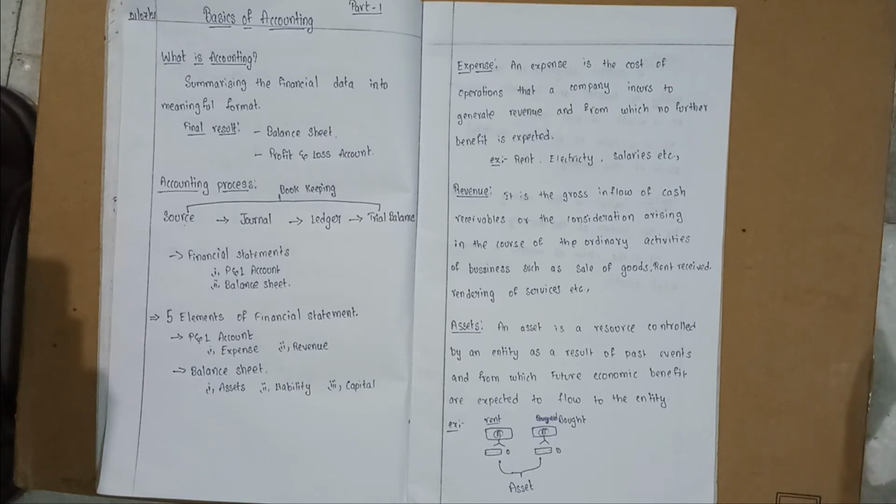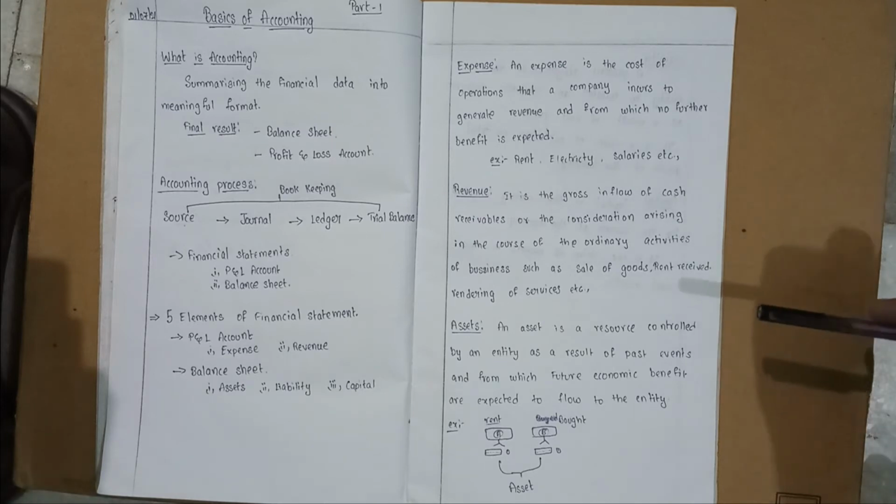If we give land for rent, the people who take the land for rent have to pay some money to us, so the rent paid by them is known as revenue. Sales of goods. If we sell some goods, the revenue collected from the sales of goods is known as revenue. Okay, anything that comes into our business is called revenue.